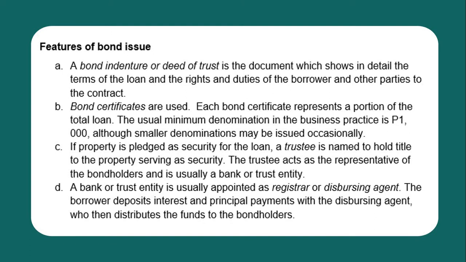Instead, it passes through a disbursing agent. So, the issuing entity or the borrower will pay the disbursing agent both the principal and the interest. And then, after that, the disbursing agent will be the one who will pay the investor. So, it is a middleman.